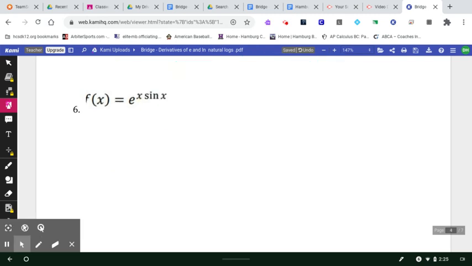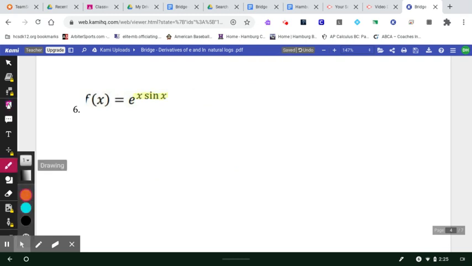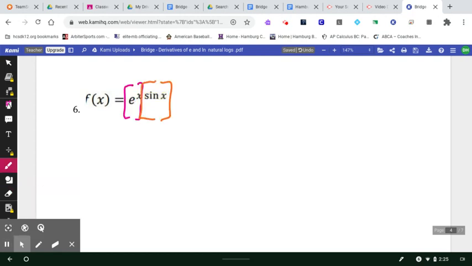All right, now this one gets a little sneakier. So it's still, obviously there's more than x, so we know there's a chain rule up here. But now read it out loud. Notice this says x, there's two x's, x times the sine of x. I have e to the x sine of x.